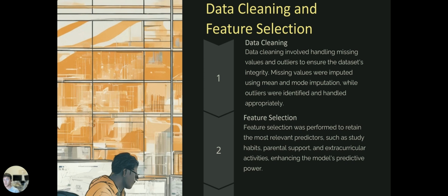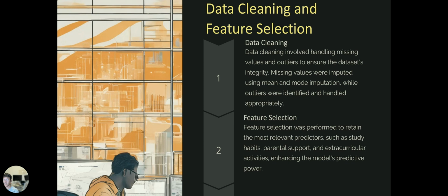The missing values were imputed using mean and mode imputation, while outliers were identified and just taken out of the data set completely, because those outliers weren't going to help our model evaluate whether or not these indicators affect the GPA of individuals.